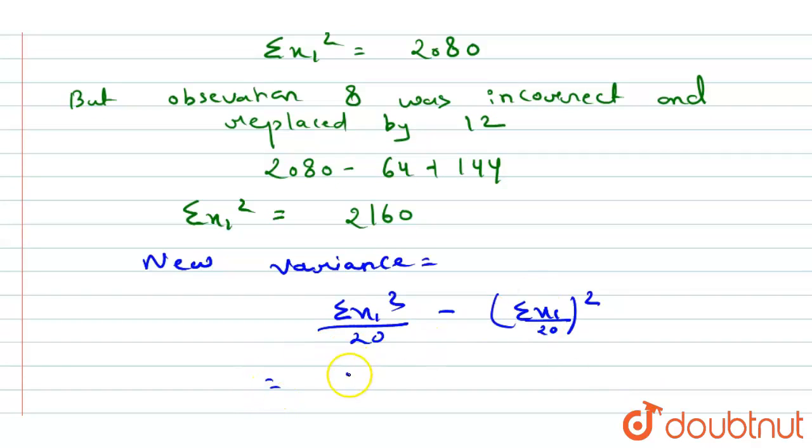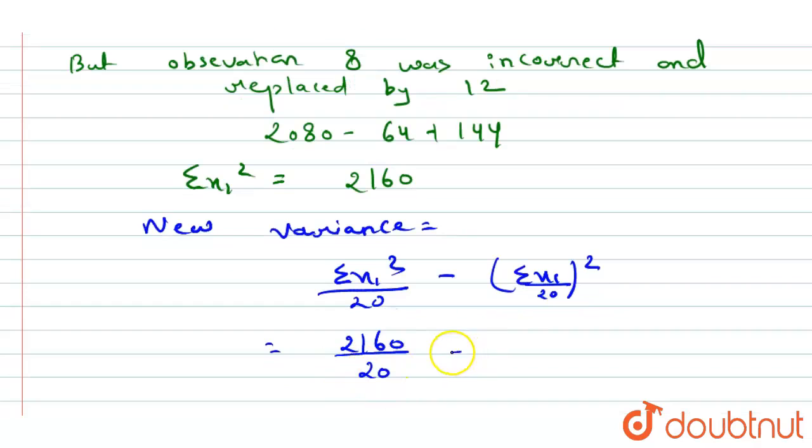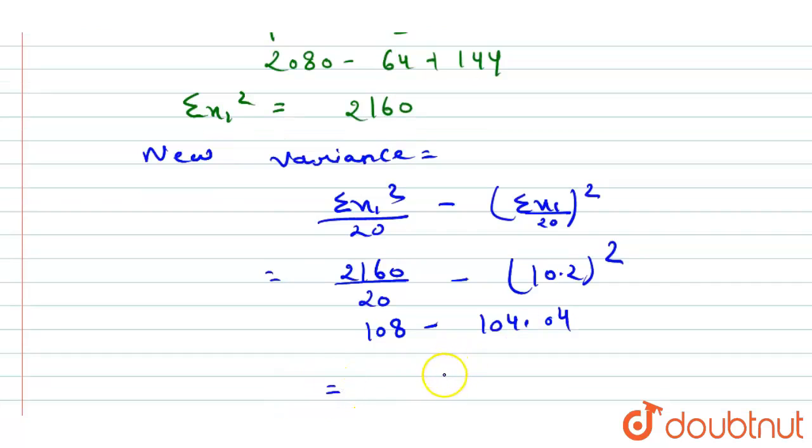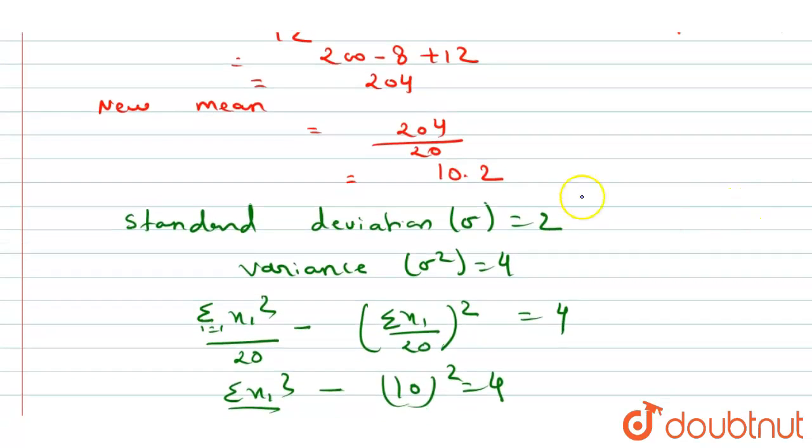So when we put the value, 2160 upon 20 minus 10.2 whole square, we will get 108 minus 104.04. On solving this, we will get 3.96. So this is sigma square, the variance. Our new variance is 3.96 and new mean is 10.2.